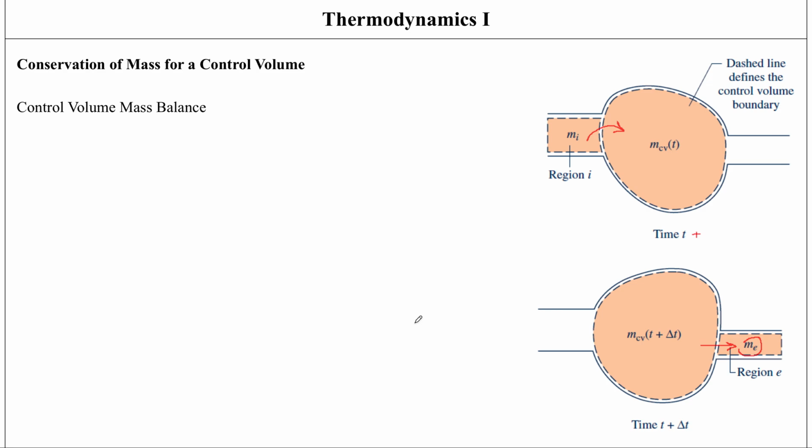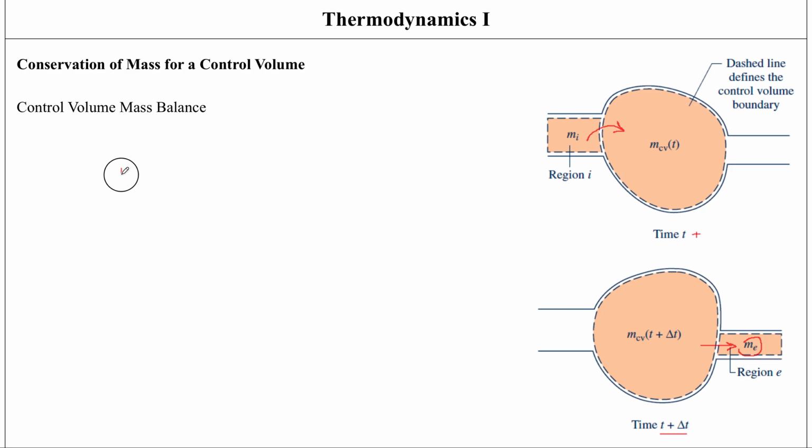If I was to write the total amount of mass expression, the total amount of mass is going to be still constant, right? Let's just look at what is happening from time t to time t plus delta t.